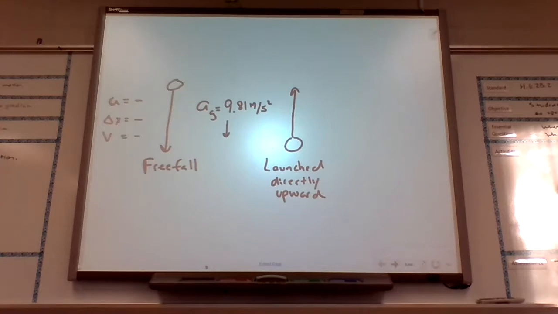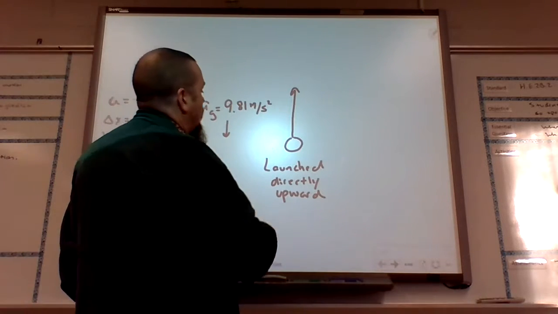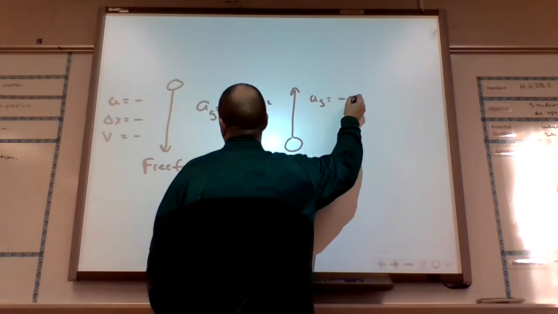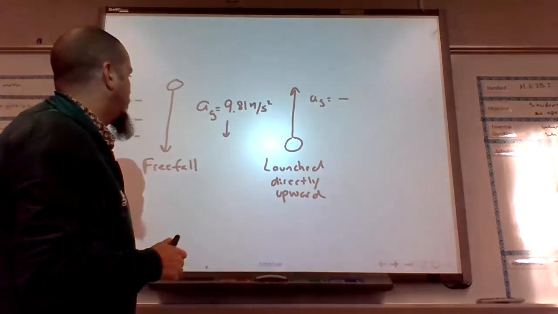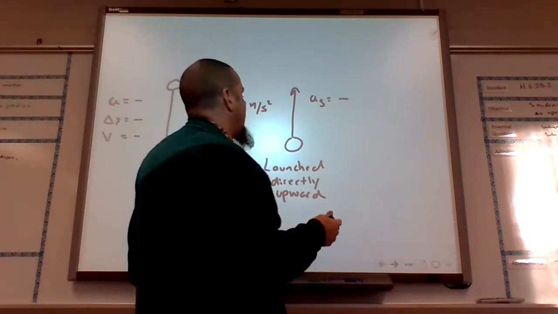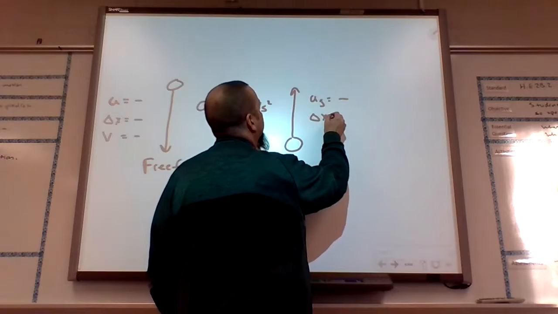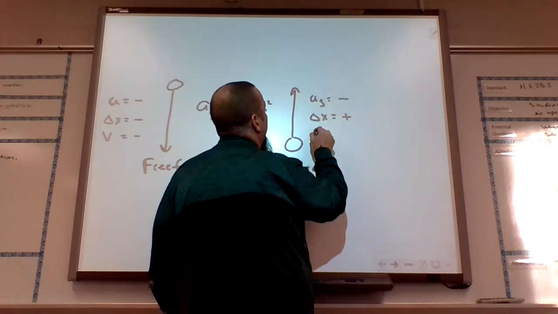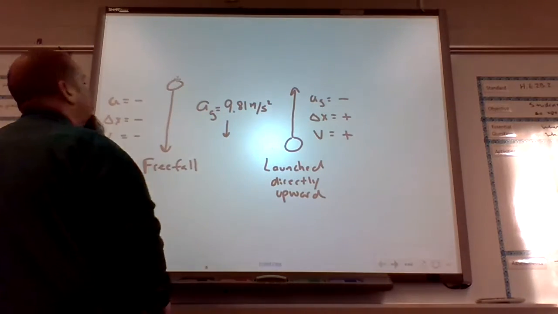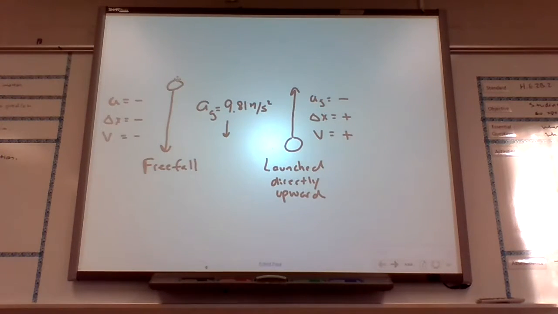In the upward motion, again, the gravity is going to be negative. That's always downward. But the other things end up being positive. Our delta x is positive because we're going upward, and our velocities will be positive because we're going upward. Again, it's another way of addressing it.